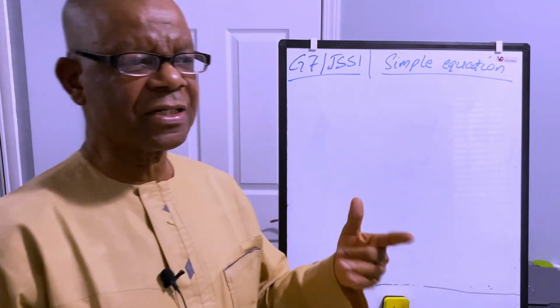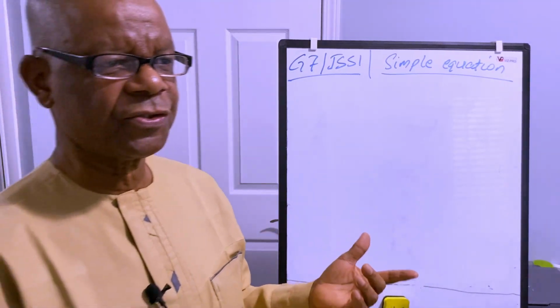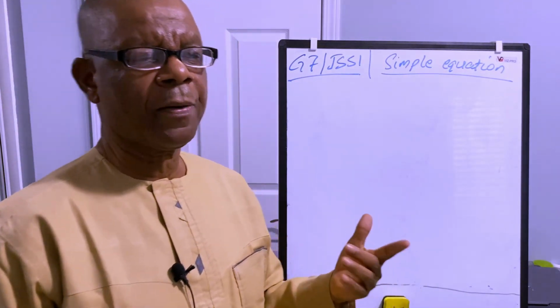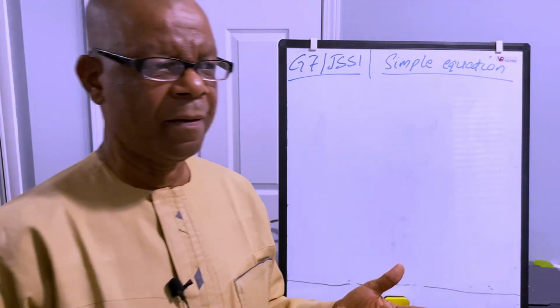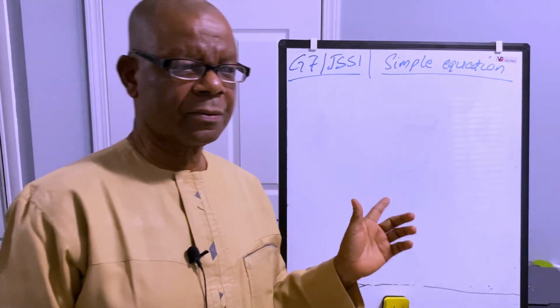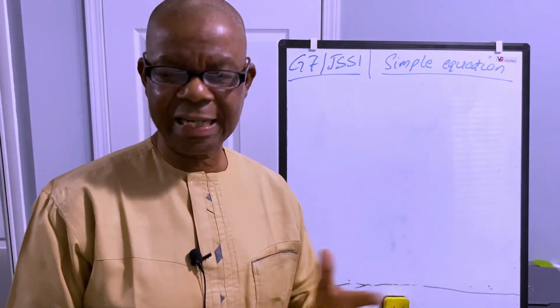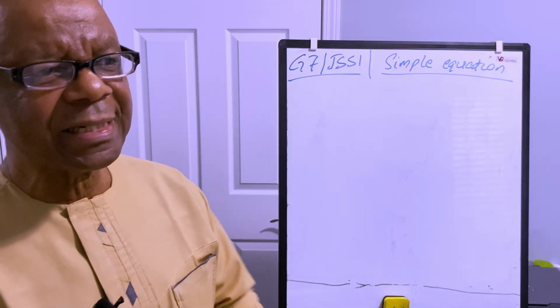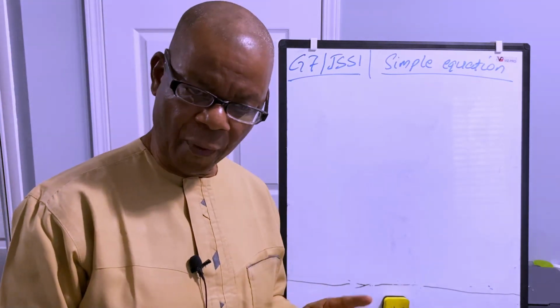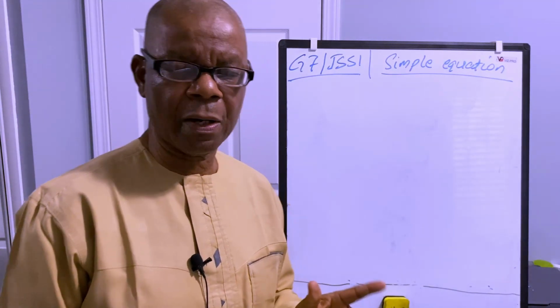When we have x raised to power 2, that is second degree, a raised to power 3, that is third degree. But when we are talking of simple equation, it is raised to power 1, and we don't write that 1. When there is a variable without power, automatically it's raised to power 1.